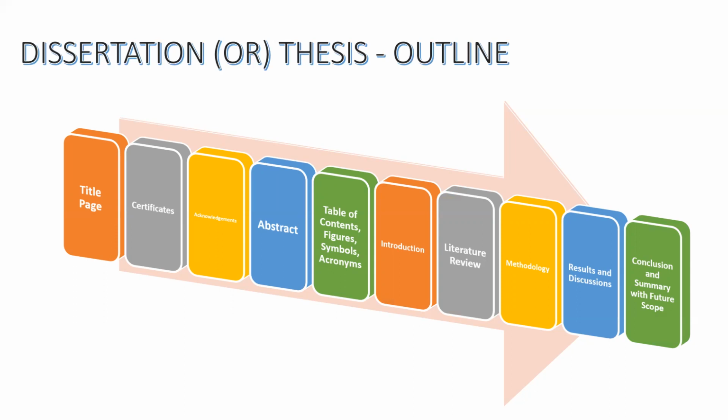Along with this, future scope here is a simple and better word; you can use further scope also. In future scope, you can mention whatever limitations you have faced while doing your project and you have stopped at that point. We can extend this work to so and so level, and we can mention whatever parameters are required to carry out this research work further.